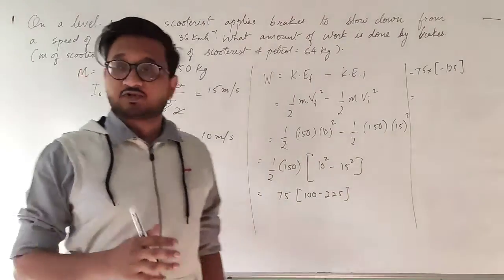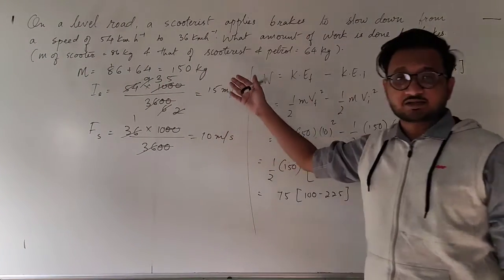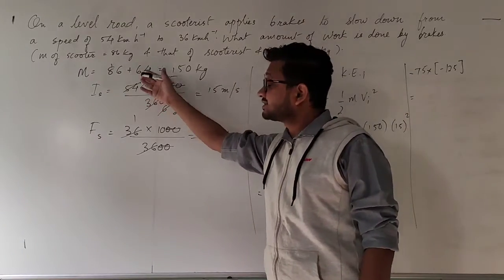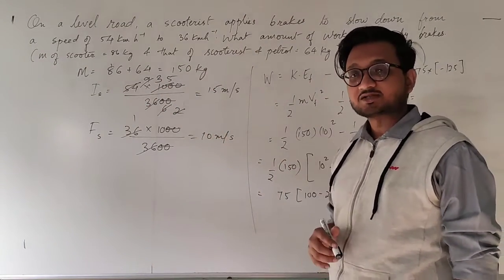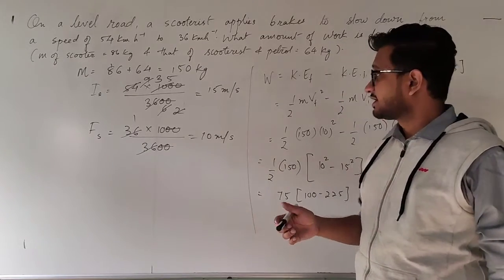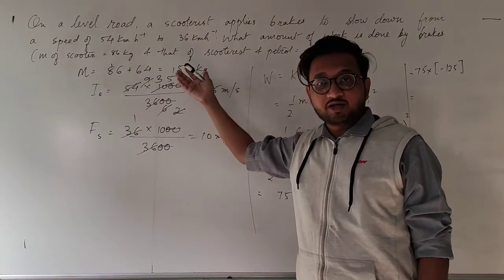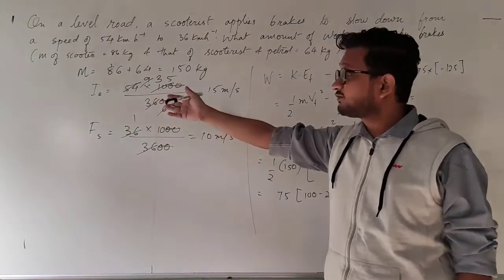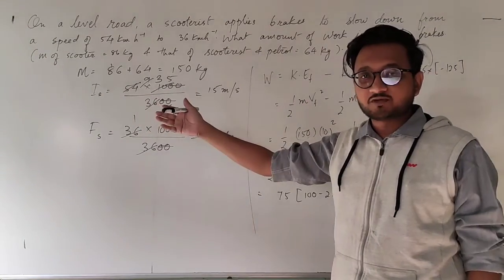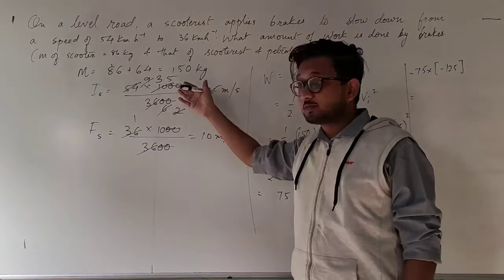Okay students, so first of all we added the mass. So mass became 86 plus 64 will give me 150 kilograms. That is the mass of the vehicle and the scooter together, combined, moving as one object. Then initial speed, that was 54 kilometers per hour. We converted 54 kilometers per hour into meters per second.